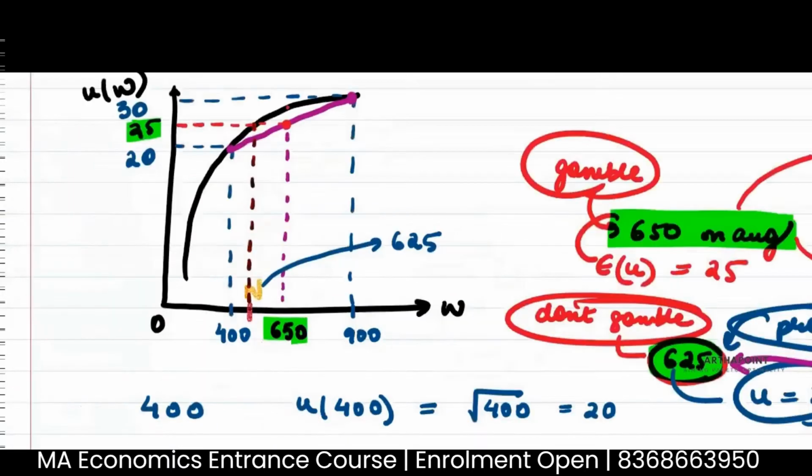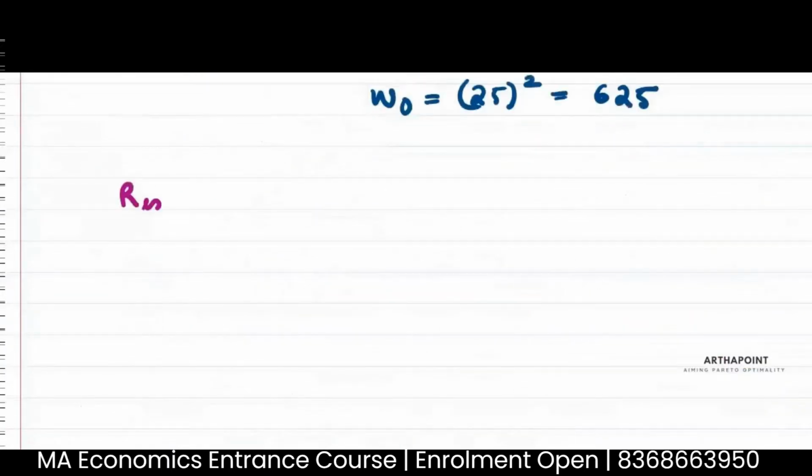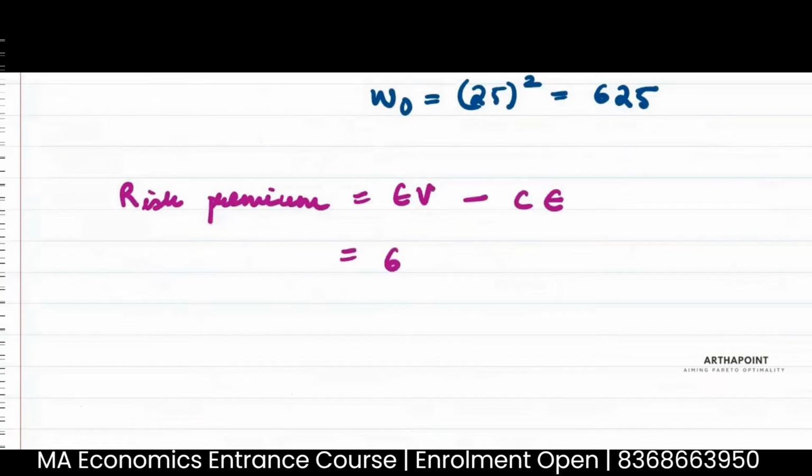So my risk premium is expected value minus certainty equivalent, which is 650 minus 625, which is 25. We have done this concept in the earlier classes, but this is how it is asked in exam.